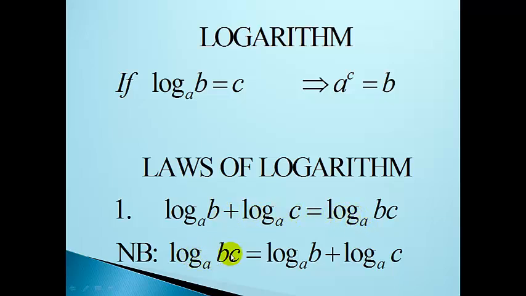Because the number bc is multiplying, we can split it by saying that this is equal to log b to the base a plus log c to the base a. It is an addition sign because the numbers are multiplying. Take note, we only add when the numbers are multiplying. That is why when the logs were adding, we had to multiply the numbers. Take note of this.